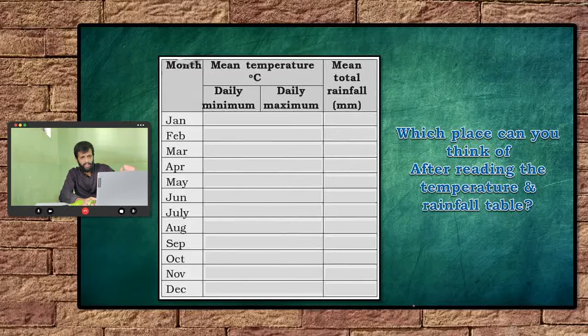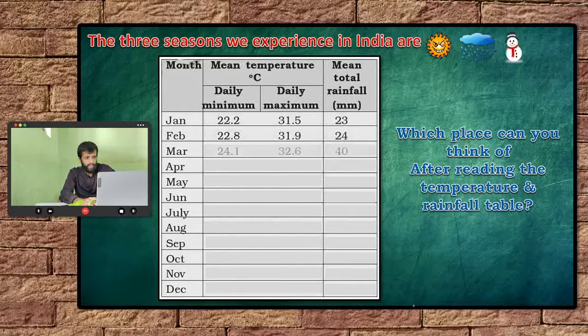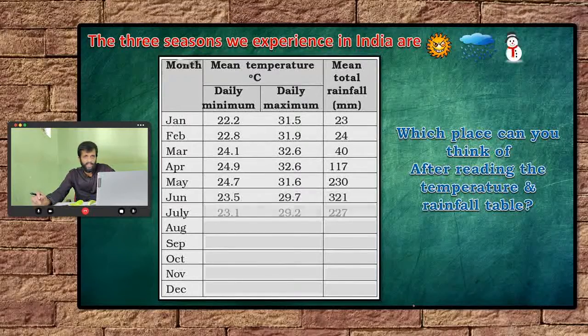Next, I want you to look at these temperatures. The three seasons that we experience in India are summer season, winter season, and rainy season. These are the temperatures of a particular place.